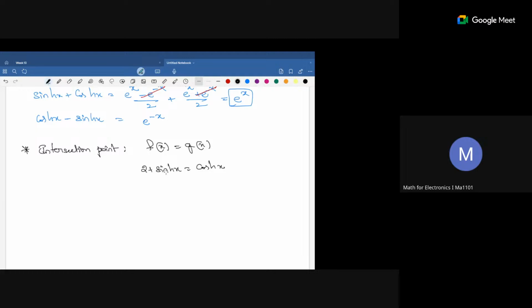Now if I take this to the left hand side, I will get cos hx minus sine hx equals 2. Just now we saw cos hx minus sine hx is e to the power minus x, which is 2. Now taking log on both sides, we will get minus x equals ln 2, and the intersection point will be minus ln 2. I hope this is clear for all of you.